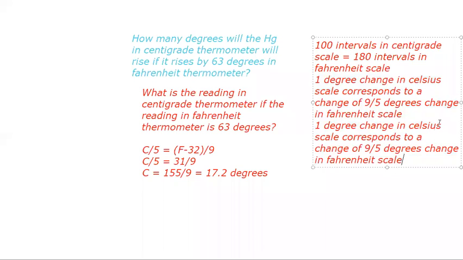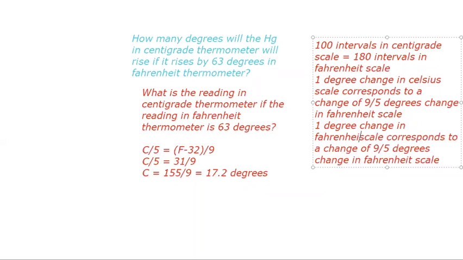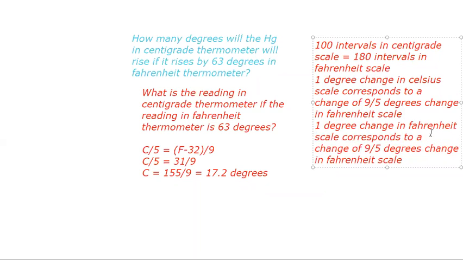Similarly, 1 degree change in Fahrenheit scale corresponds to a change of 5 by 9 degrees in Celsius. So here the question is, there is a 63 degrees change in the Fahrenheit thermometer.